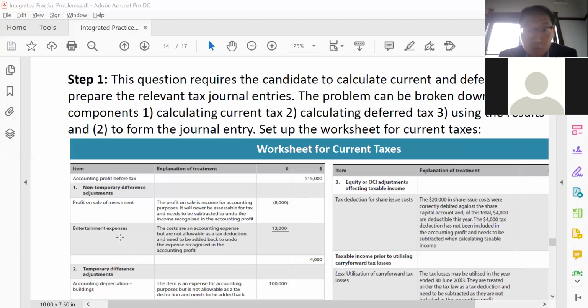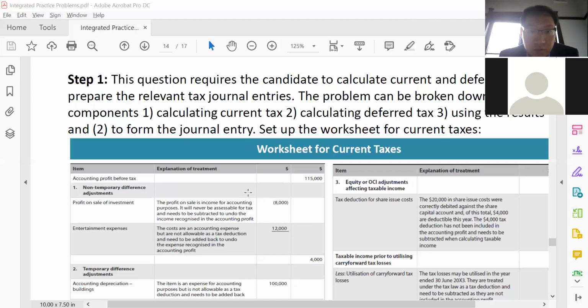We are told that entertainment cannot be deducted at all from a tax perspective. So we cannot include that in our taxable income, but we've included it already from an accounting perspective. So we need to add this one back, and we need to deduct this profit on sale. So these are our two permanent differences.